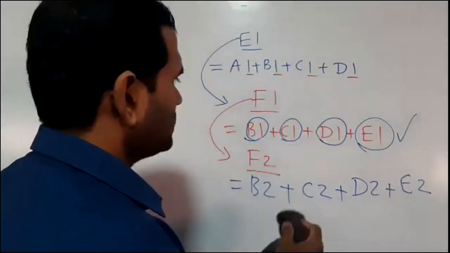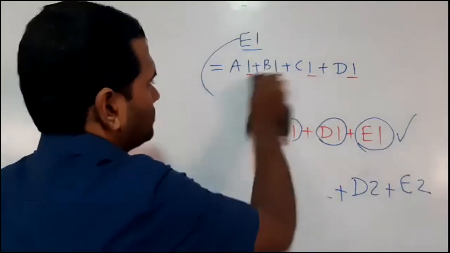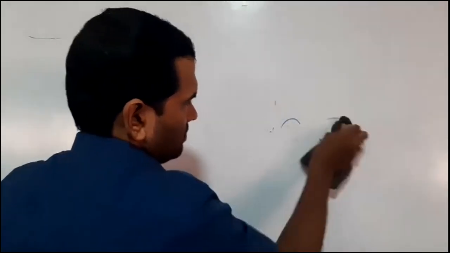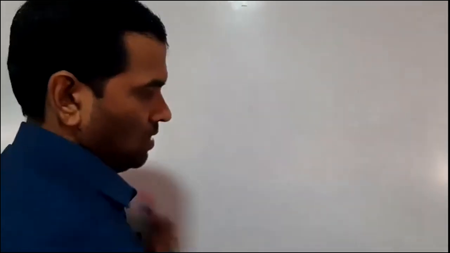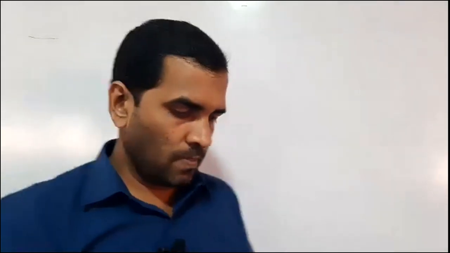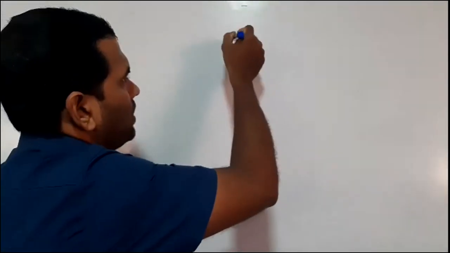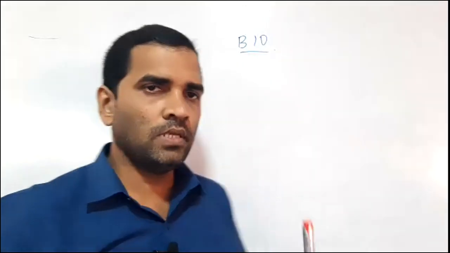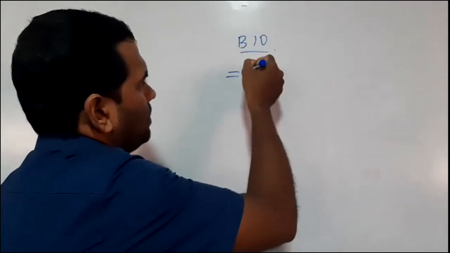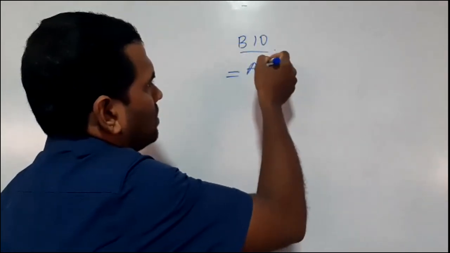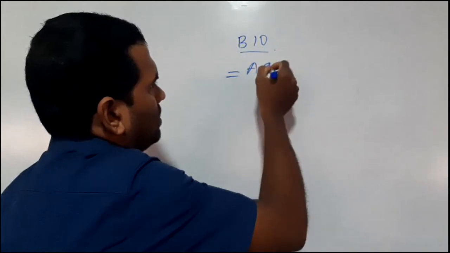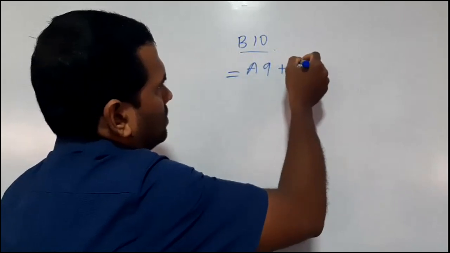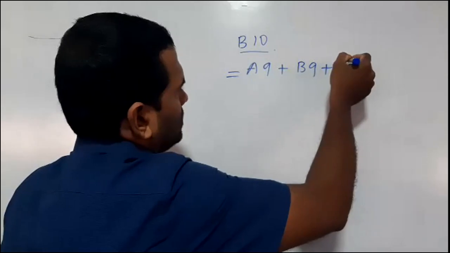So okay, let's take one more example. Look, here there is a formula in cell B10. Let's say it is A9 plus B9 plus C9.